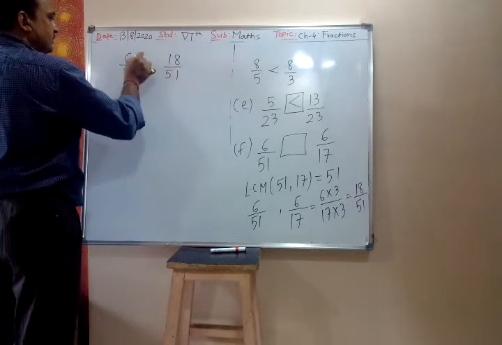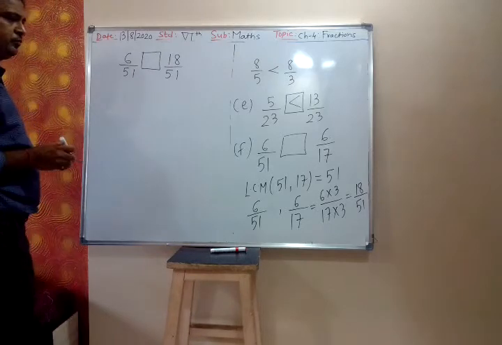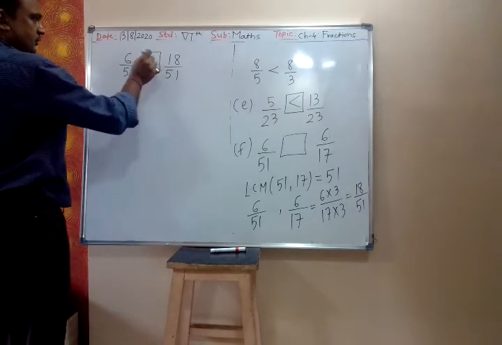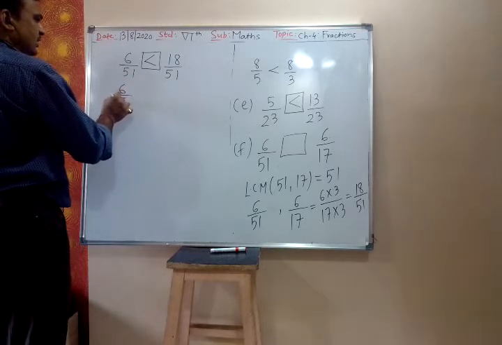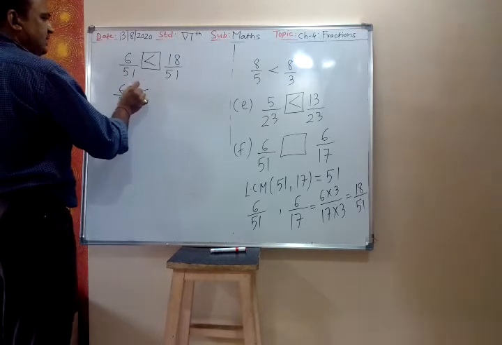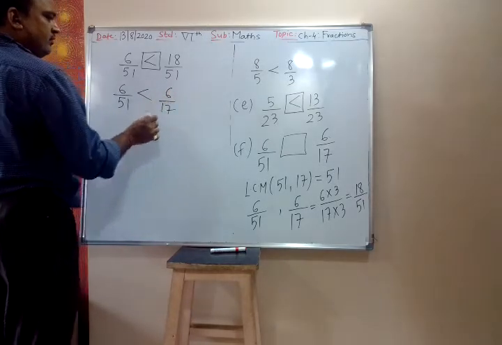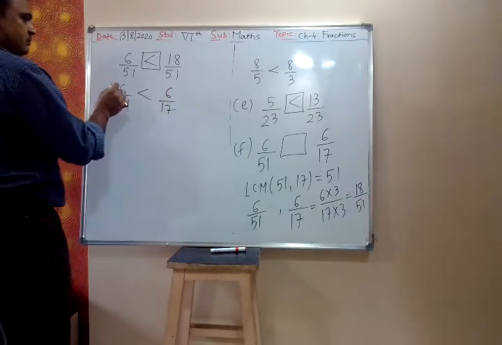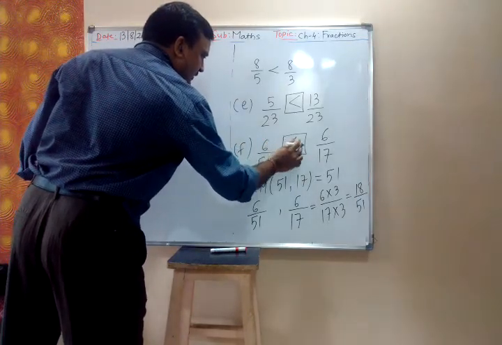So 6 upon 51 is less than 6 upon 17. So the answer will be this type.